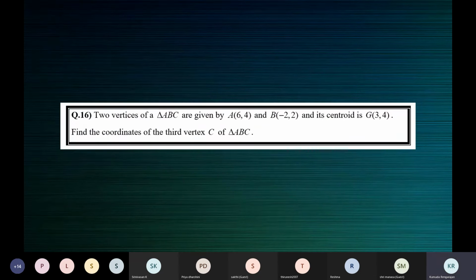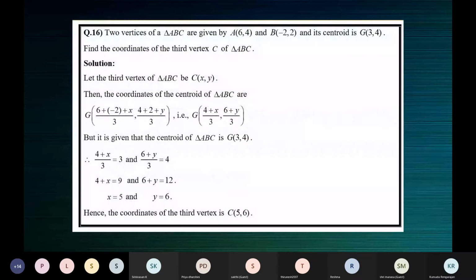See this? Two vertices of a triangle are given by A (6, 4), B (-2, 2), and its centroid is G (3, 4). Find the coordinates of the third vertex. So here we are given A and B, and we have to find C given the centroid.